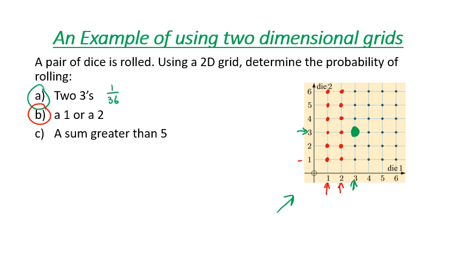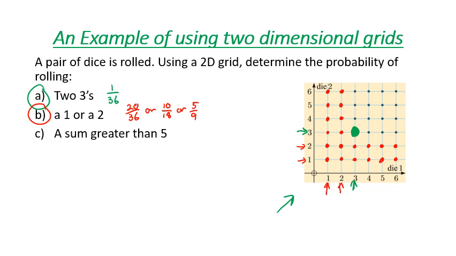But we're actually also looking at all of these possibilities because it didn't specify which dice had to have the 1 or the 2. Now, if we look at all those, that gives us a total of 20 out of 36. We can cancel that down to 10 out of 18. We can cancel that down again to 5 out of 9. So the probability of rolling a 1 or a 2 is actually 5 out of 9.